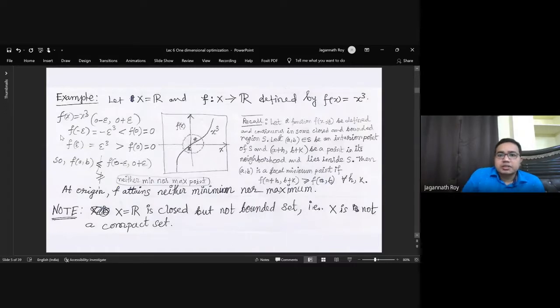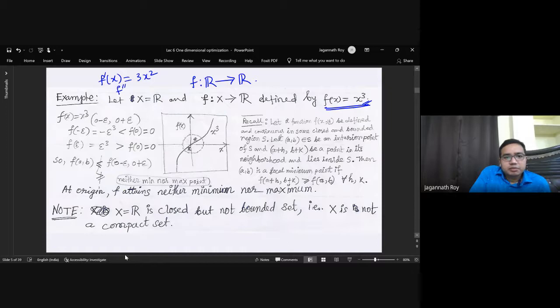Now there is a function we have mentioned already, but let us revisit this problem. f of x equals x cube. Here f is a function from R to R. Let us write X as a subset of R, a one-variable function. At the origin, if you want to apply the test, the first derivative is 3x squared.